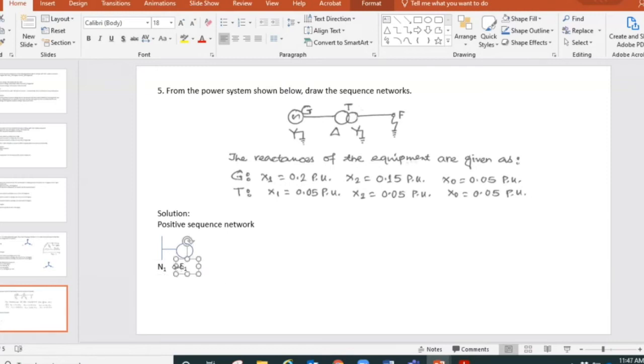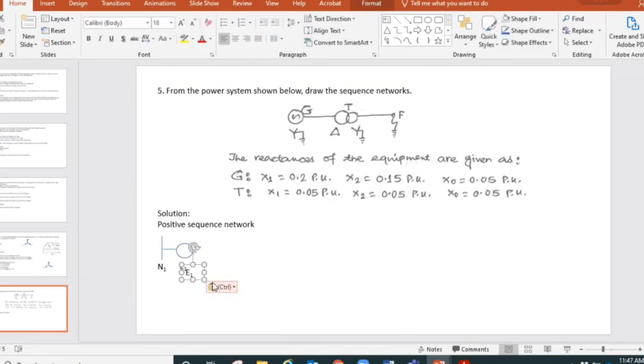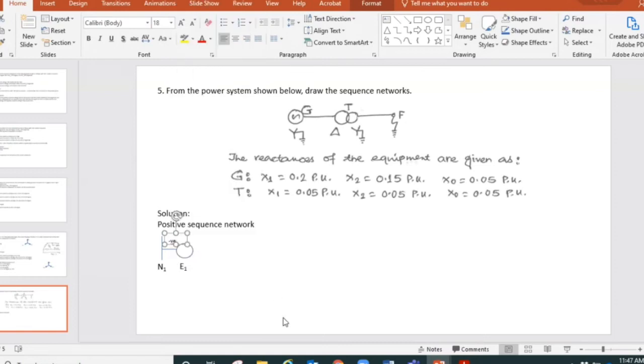We also need to show the polarity, which side is plus and which side is minus. Here, this side is negative, and we will show the other side positive.